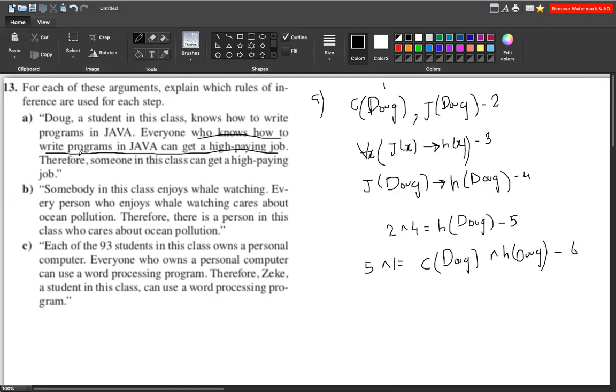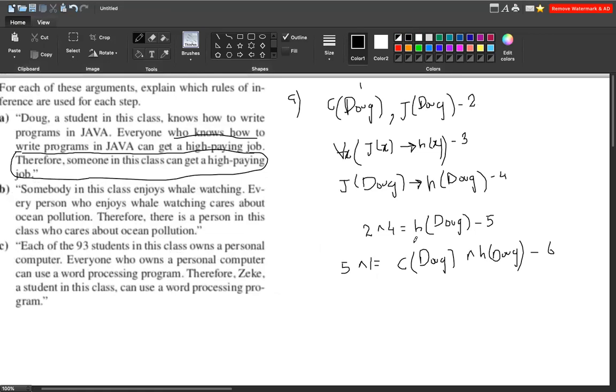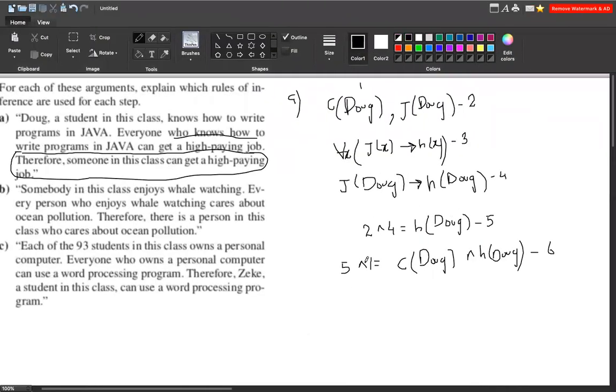What we are trying to do is basically find that someone in this class can get a highly paying job. So now we have this, and then we will be using another rule of inference. Basically we will be using the quantifiers, right? We know that Doug is in this class, so therefore we can say there is a student in this class, because Doug is a student in this class, right?